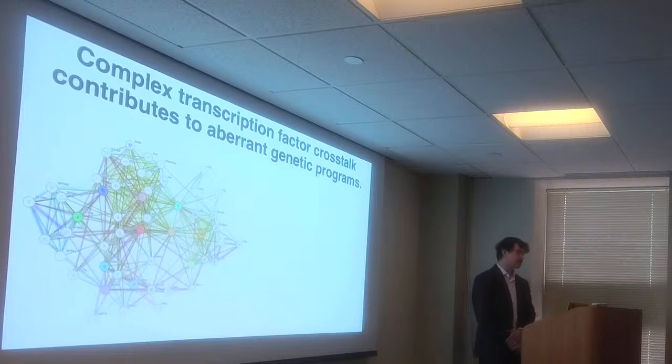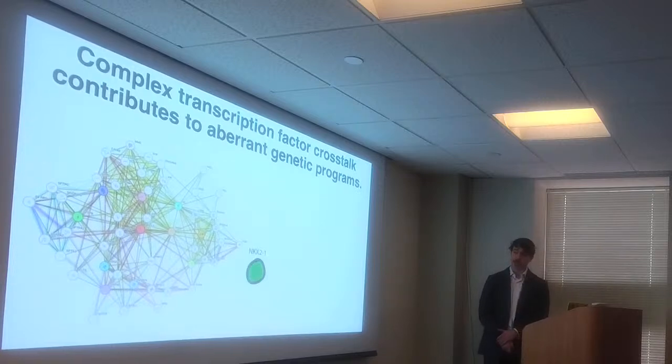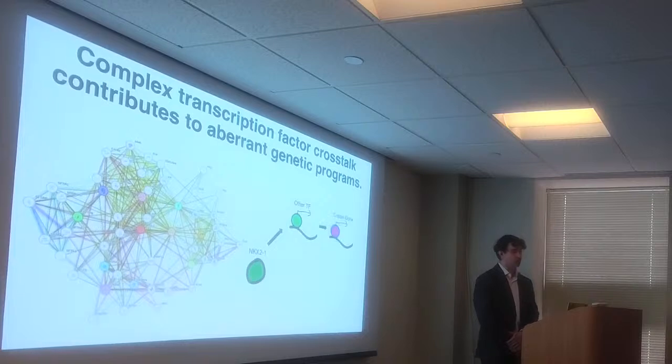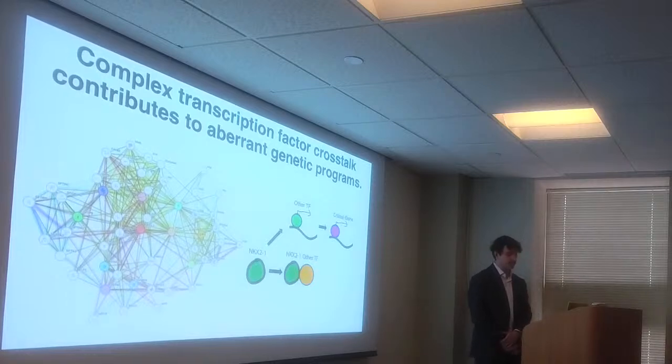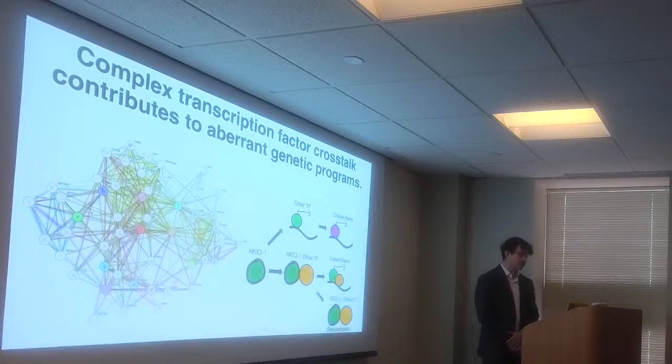So we started thinking about some alternative models. So these include that NKX2-1 could be causing expression of another transcription factor, which could then drive expression of key downstream critical genes. Or NKX2-1 could be binding to other transcription factors. Together they could bind to genomic binding sites, or they could sequester each other from binding to the genome.